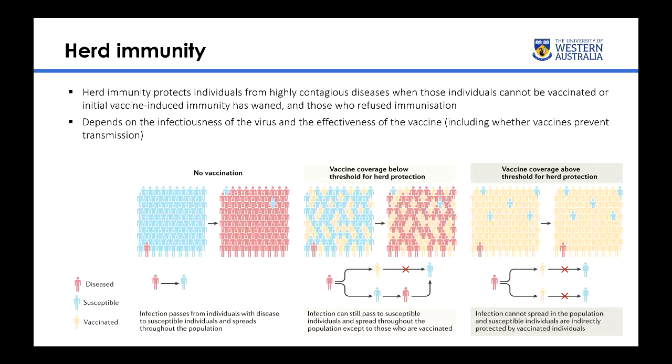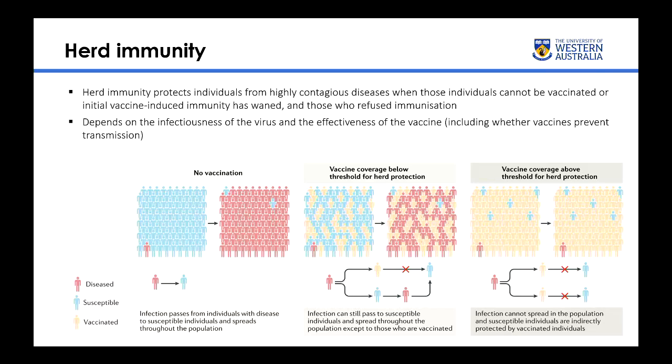So for measles, for example, we need coverage of over 95% to actually achieve herd immunity. For other diseases, like influenza, you can have a lower threshold, 70%, 60% in some settings, and you can still protect the population. So it depends on the pathogen and the effectiveness of the vaccine.